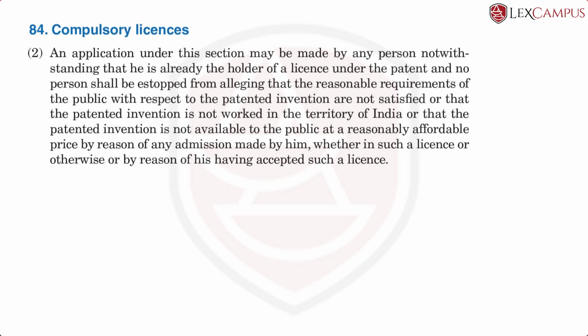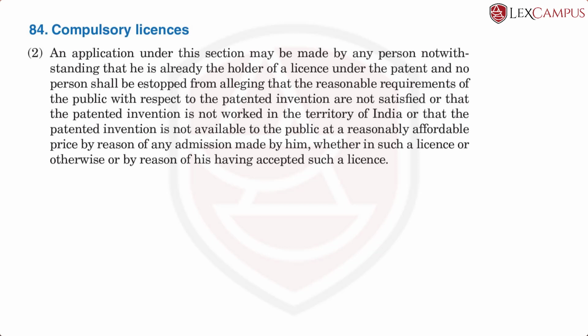And the 3 grounds that it does not satisfy the reasonable requirement of the public, that it is not available at an affordable price, and the patent is not being worked within the territory of India, you could raise those very grounds even if you had admitted otherwise in a license or in any other form.